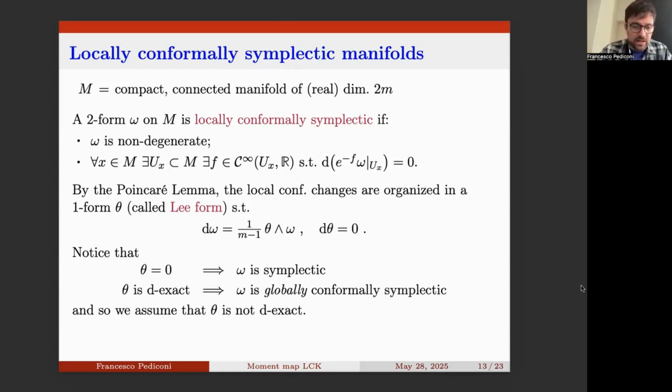If θ is zero, then you end up in the symplectic framework, so you already know what happens, due to Donaldson and Fujiki. And if θ is exact, again you get a global conformal change to a symplectic form. So for the purpose of this talk, we are going to assume that θ is not exact, so that we really work in the non-Kähler setting.